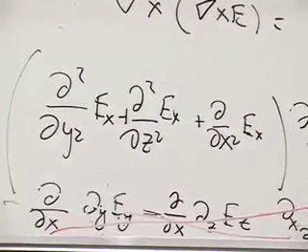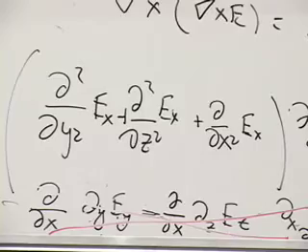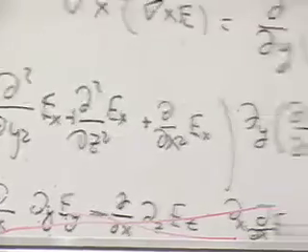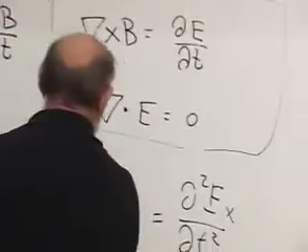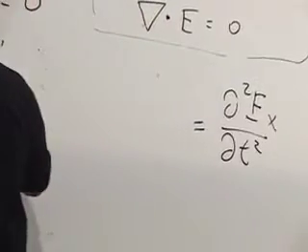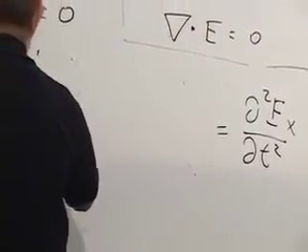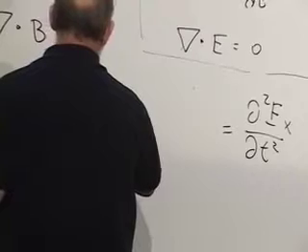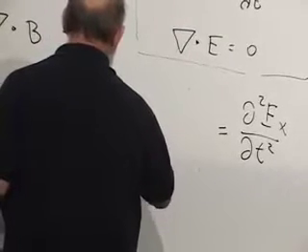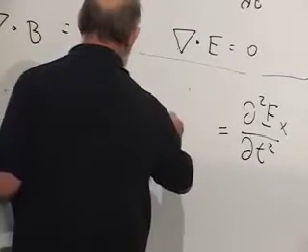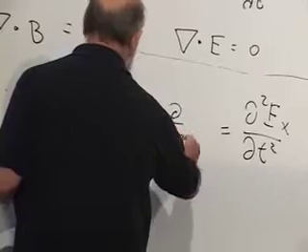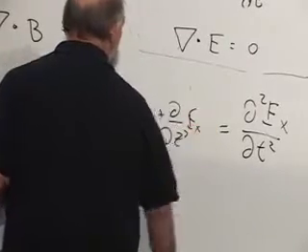Let's erase it and replace it by what we computed. And you'll see a pattern. It is d by dx squared Ex plus d by dy squared Ex plus d by dz squared Ex.